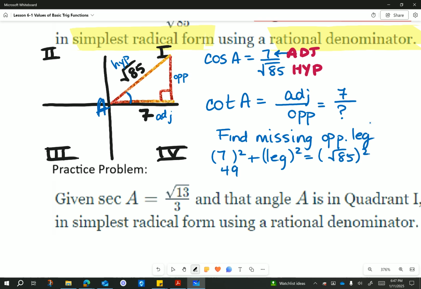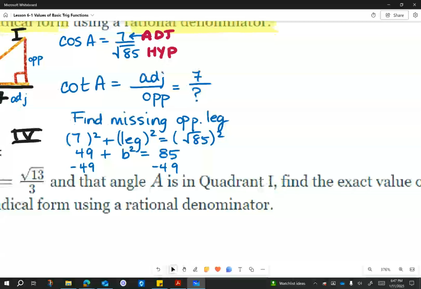This is going to be 49. We're going to call the leg b again, b squared equals, and the square root of 85 squared will just be 85. I will have to subtract 49 on both sides. And when I do, I'm going to end up with b squared equals 36.